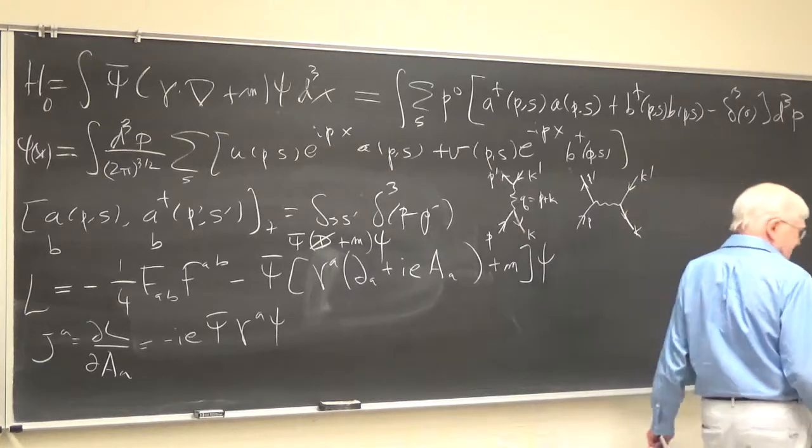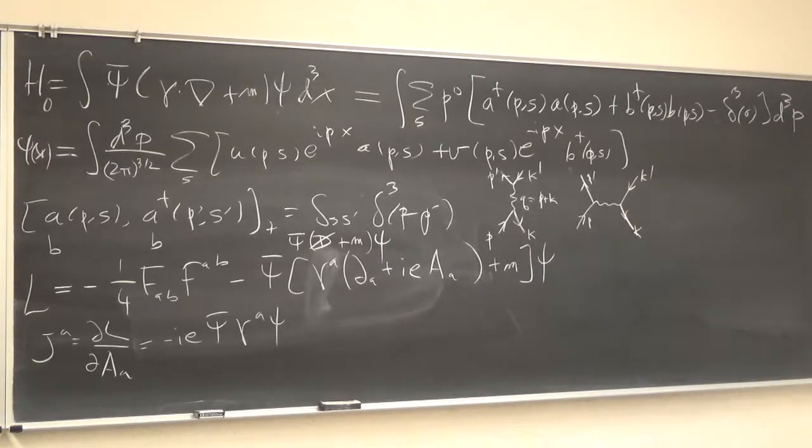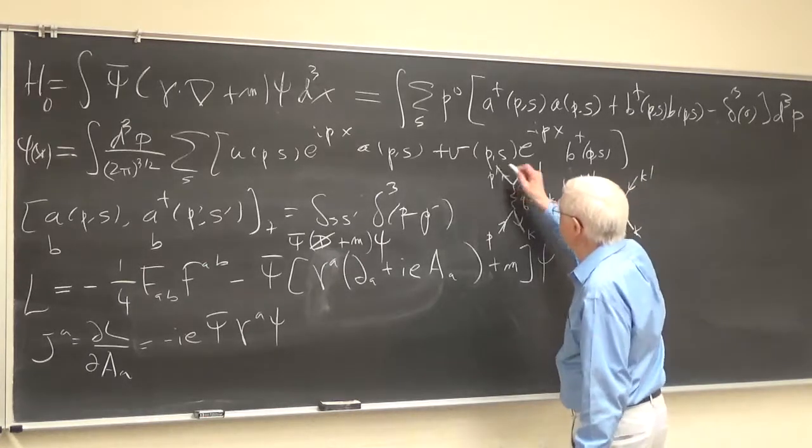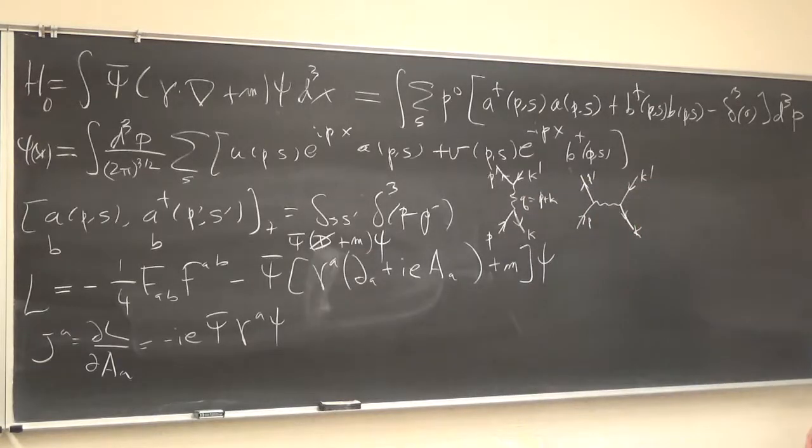And as you've noticed in the past, the antiparticles have arrows that are opposite to those of the particles, as if they were moving backwards in time, which was one of Feynman's remarks.